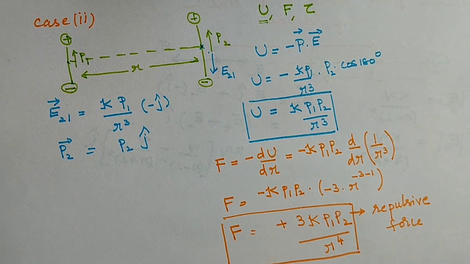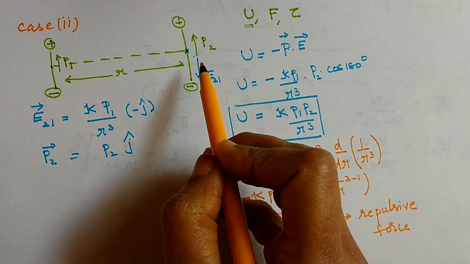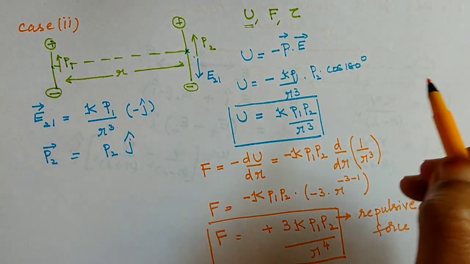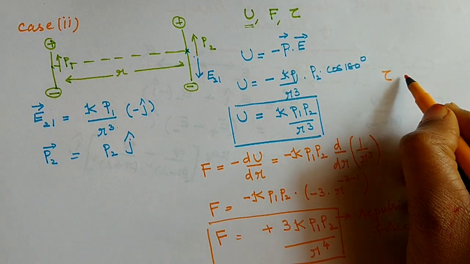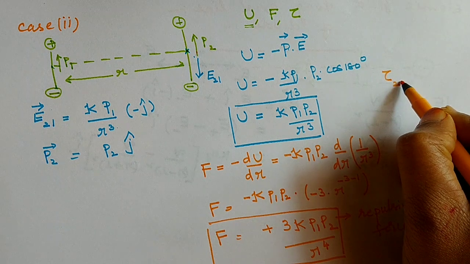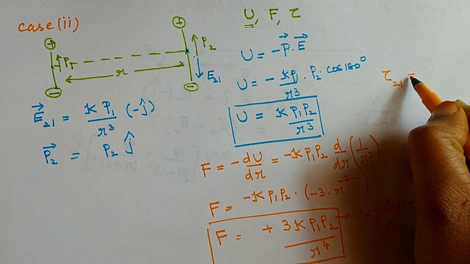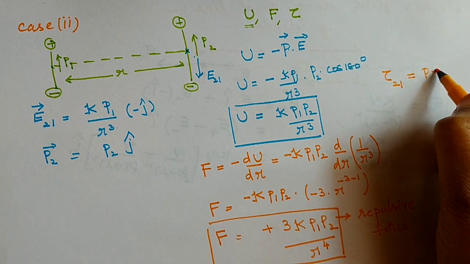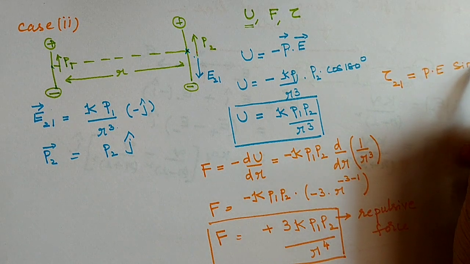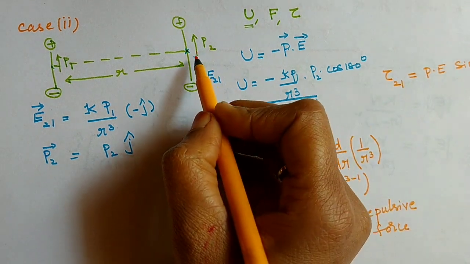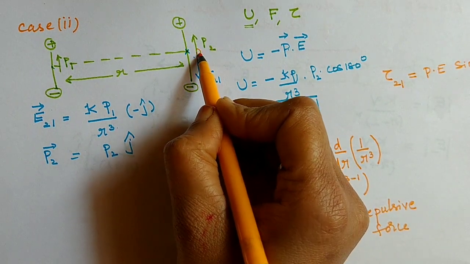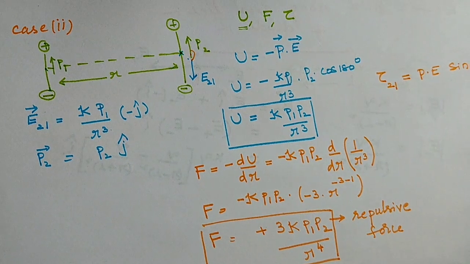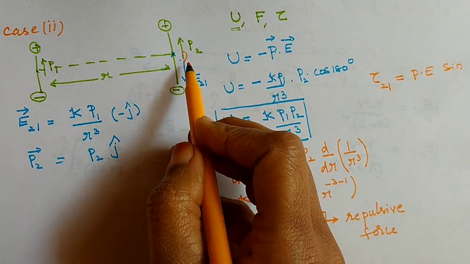Now let us calculate the torque acting on second one due to the first. Torque experienced by second dipole due to the first dipole is P into E into sine of angle between them. And if you observe, the two dipole and field are making an angle of 180 degree.